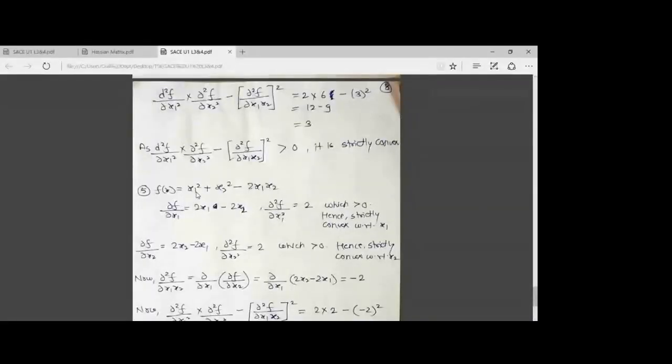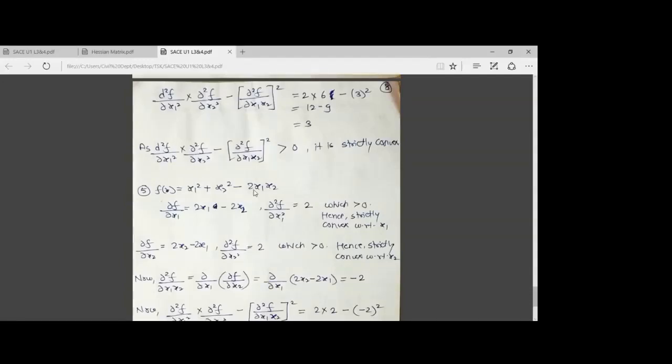After this analysis, what we have found is that it is a strictly convex function. Here we have x1² plus twice x2² minus twice x1x2 as the function that has been given, and we were asked whether this function is concave or convex, right?